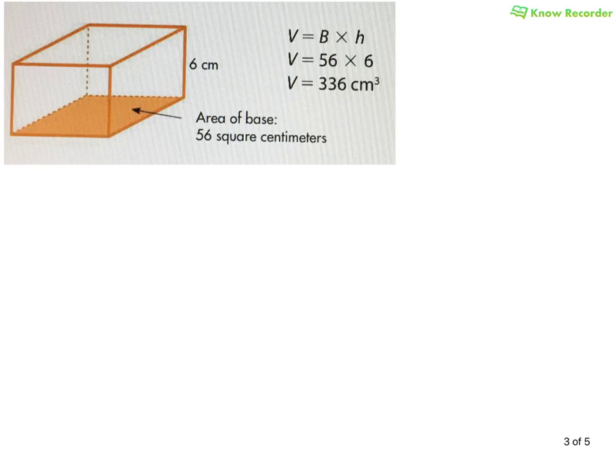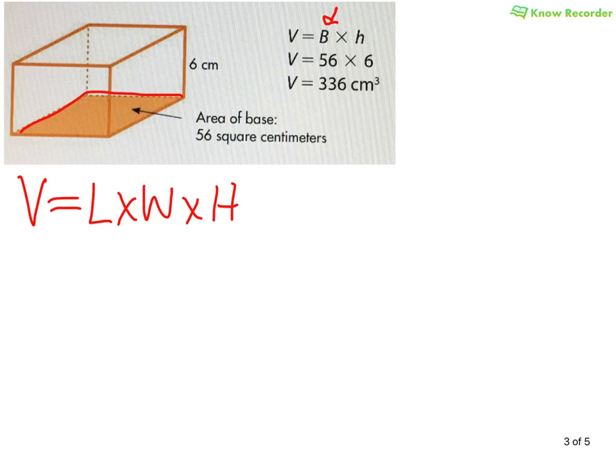So today, we deviated from the normal algorithm of length times width times height for volume. We did this all yesterday. And today we're introducing the base. I'm not going to make it all about base joke. The base is an area.